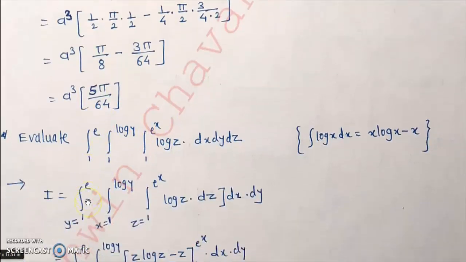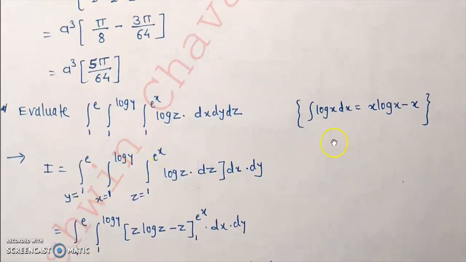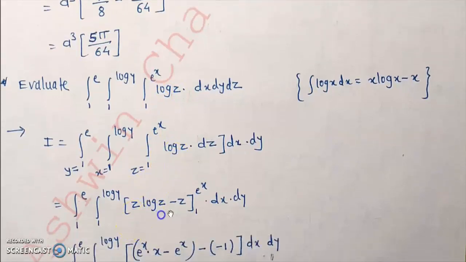Okay, this way. Now one more formula is required here again and again, that is integral of log x dx is x log x minus x. I repeat, integral of log x is x log x minus x. So here log z is the function of z and the very first integral variable is z, that's why log z is integrated as z log z minus z using this formula.